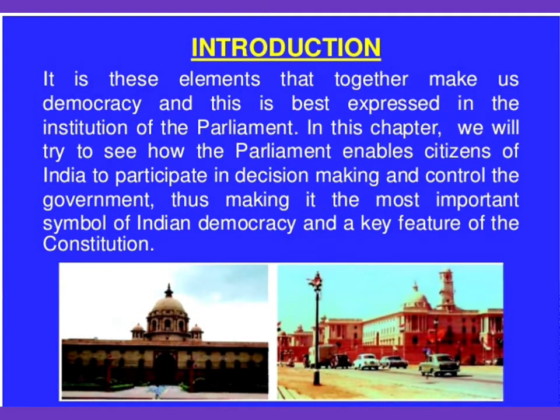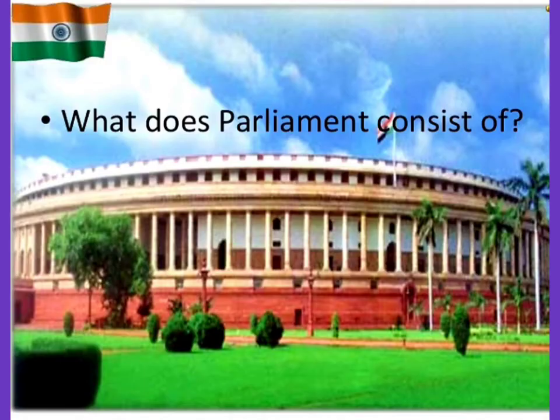It is these elements that together make us democratic. And in this chapter, we will try to see how the parliament enables the citizens of India to participate in decision making and control the government. Thus, it makes it the most important symbol of Indian democracy.